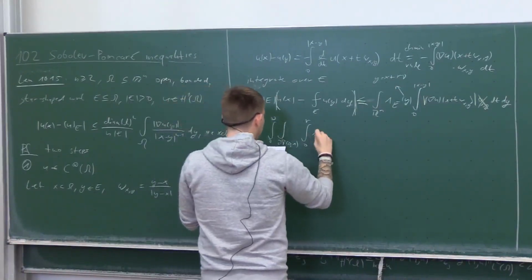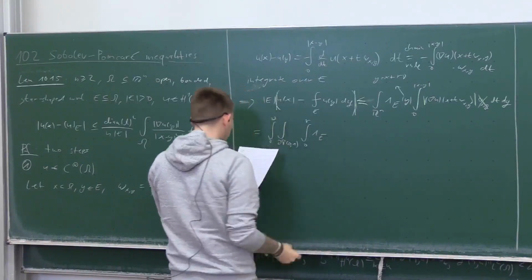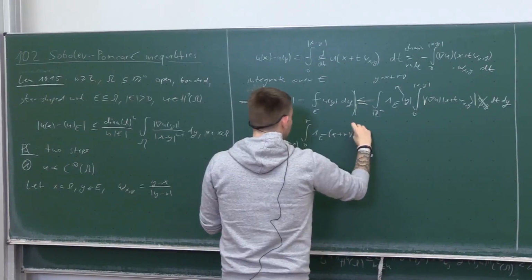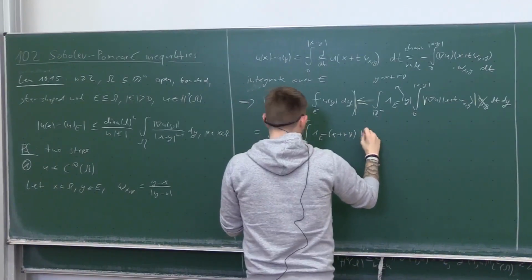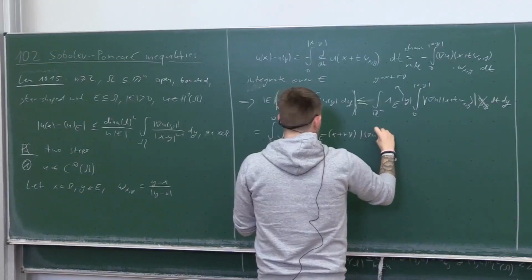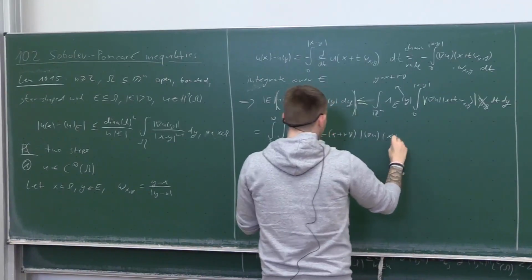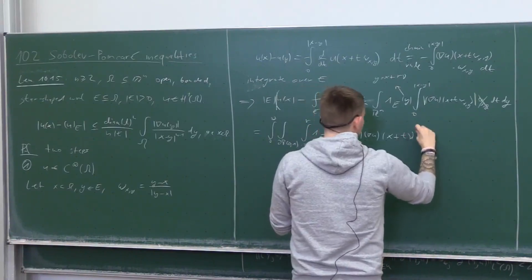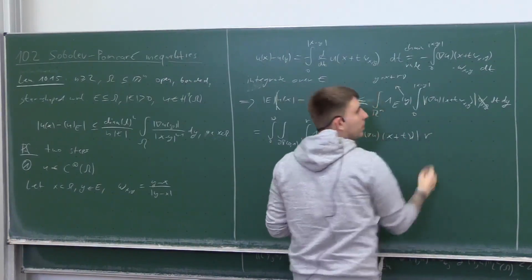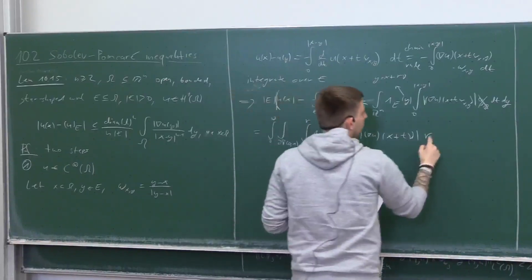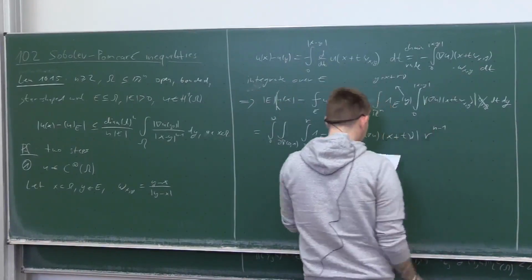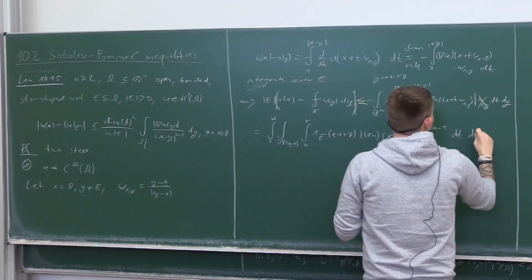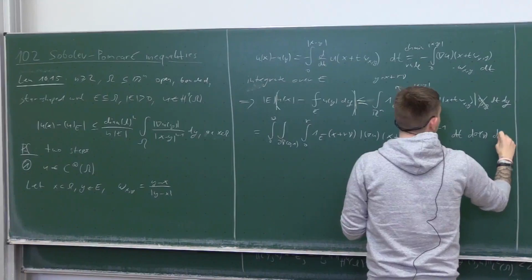I get this indicator function of E, now evaluated in x + r ν. Then here the gradient of u evaluated in x + t ν. From using the polar coordinates, I get an r^(n−1). Then I have dt, I have dσ(ν), and I have dr.